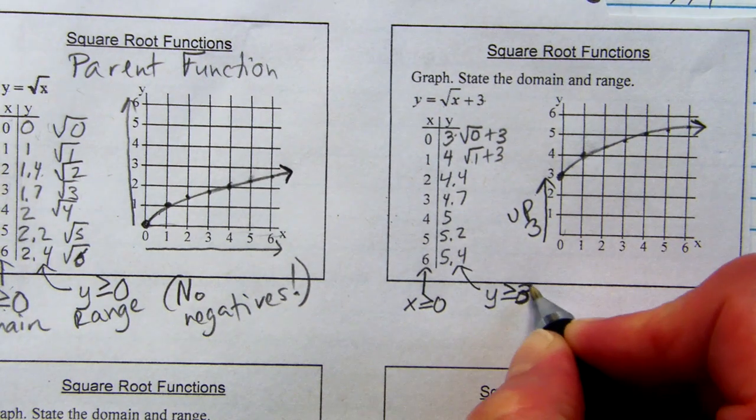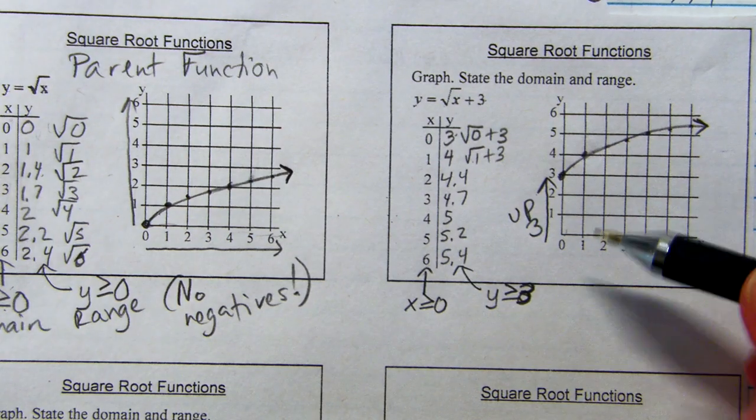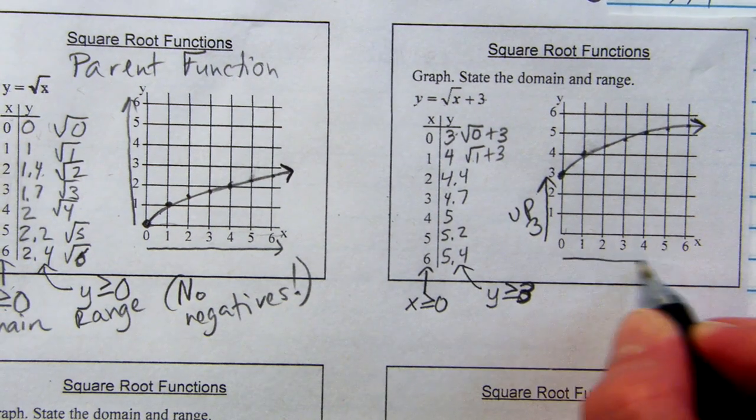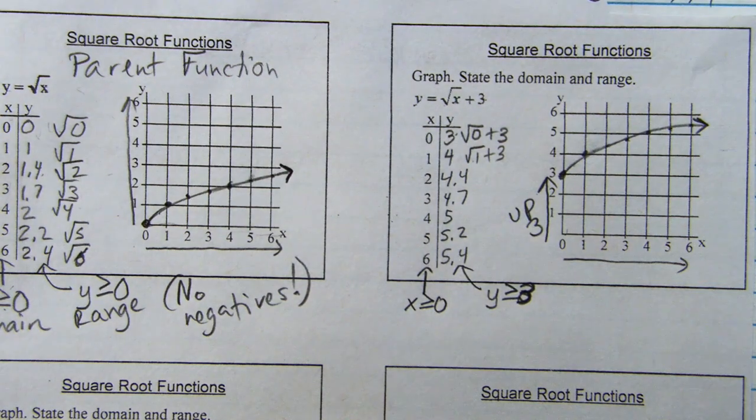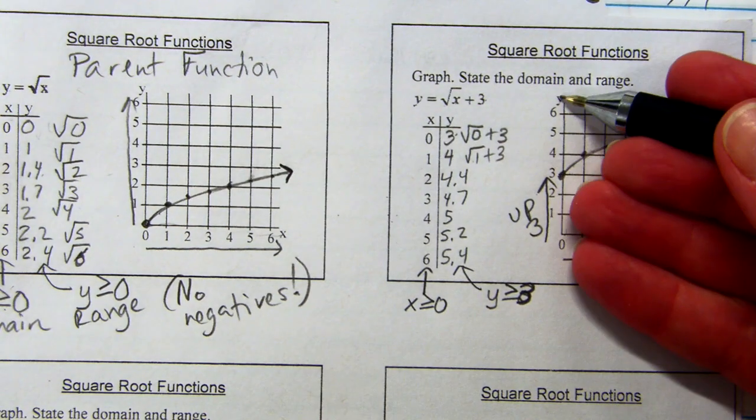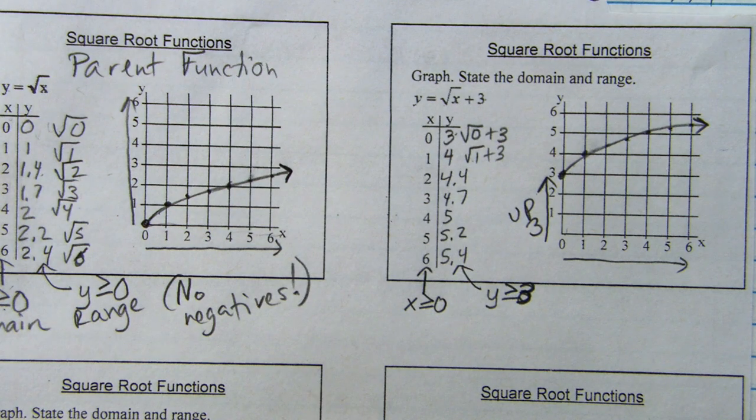So my range now is y is greater than or equal to 3. So my x's start at 0 and go on to infinity. But my y's now start at 3 and go on to infinity. I know, super exciting.